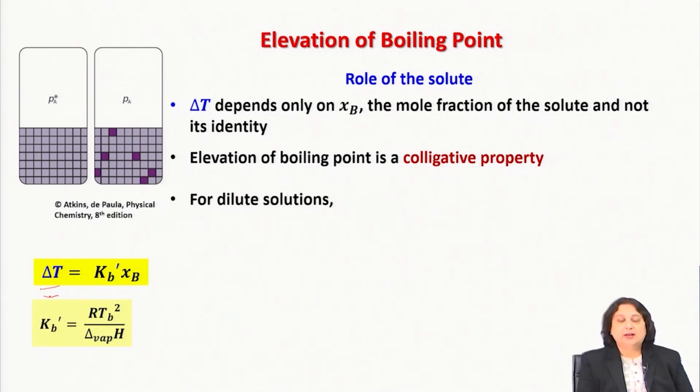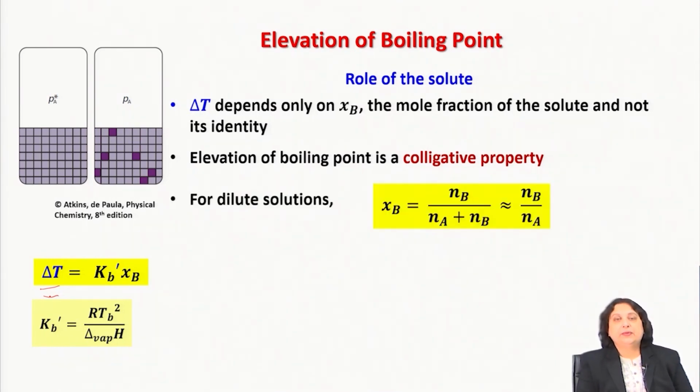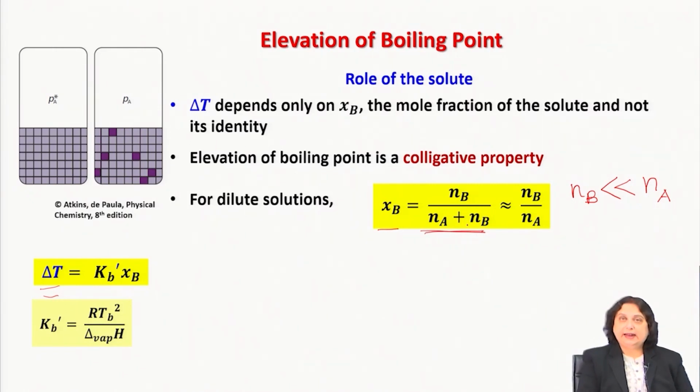Not only that, for dilute solutions, I can write down Xb by definition is this. Now, if I have a dilute solution, then Nb is much less than Na. And therefore, in the denominator, I can neglect Nb and I can replace Xb approximately by Nb by Na.